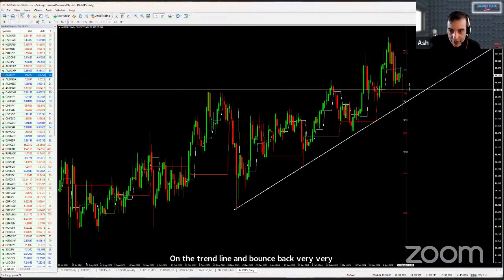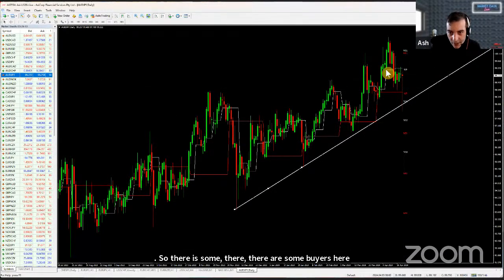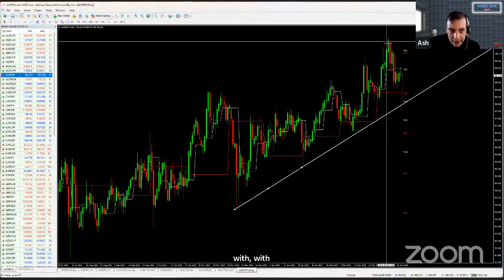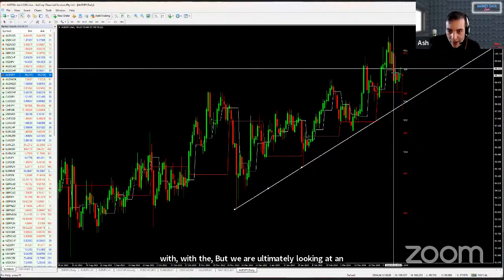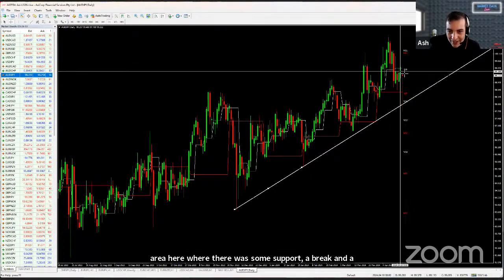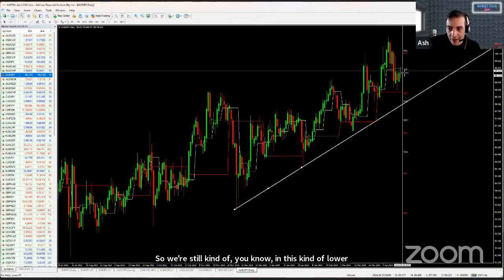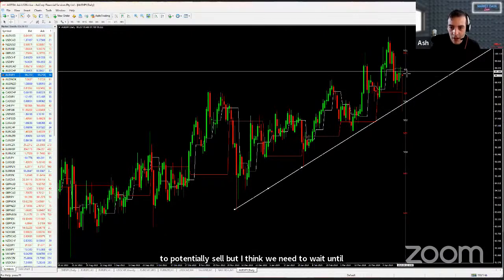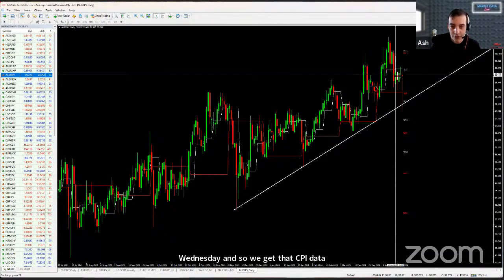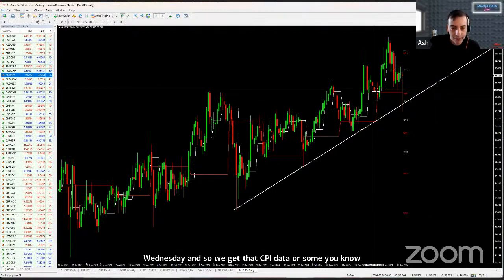So there are some buyers here with the Aussie yen, but we are ultimately looking at an area where there was some support, a break, and a lower high. We're still in this lower high region, and that would be of interest to me to potentially sell. But I think we need to wait until Wednesday until we get that CPI data, or further developments on global concerns, before we really look at this one.